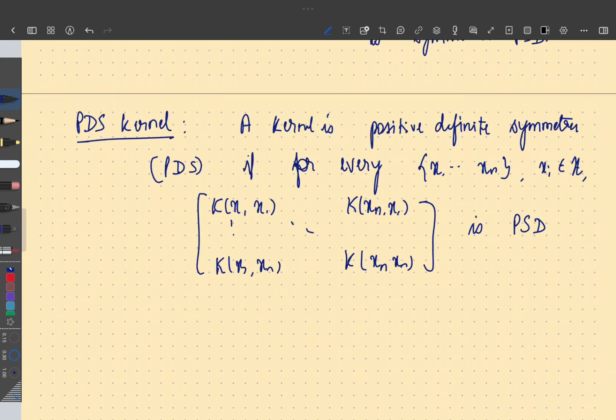So this matrix is called a kernel matrix or a Gram matrix.